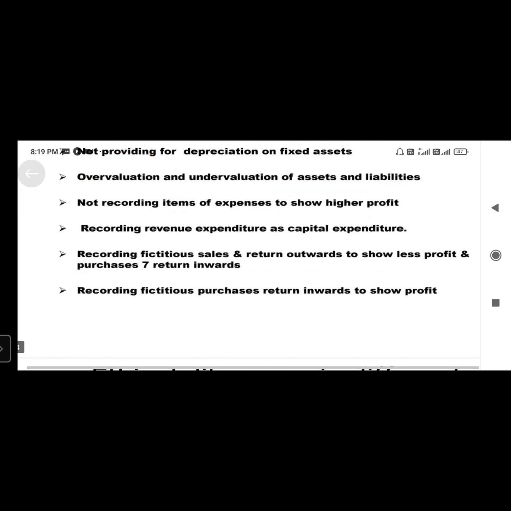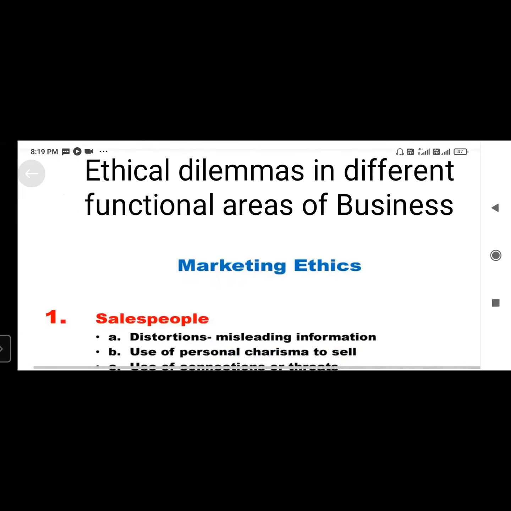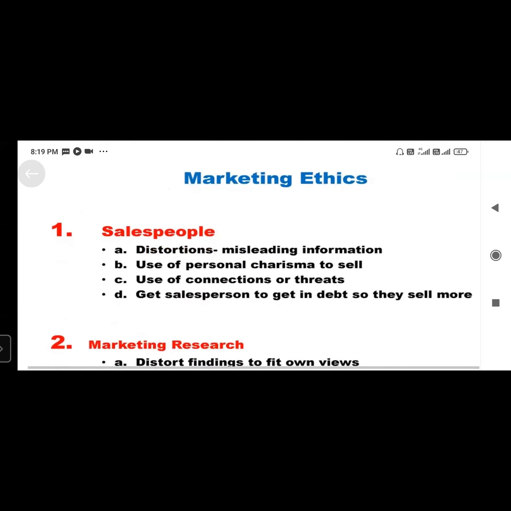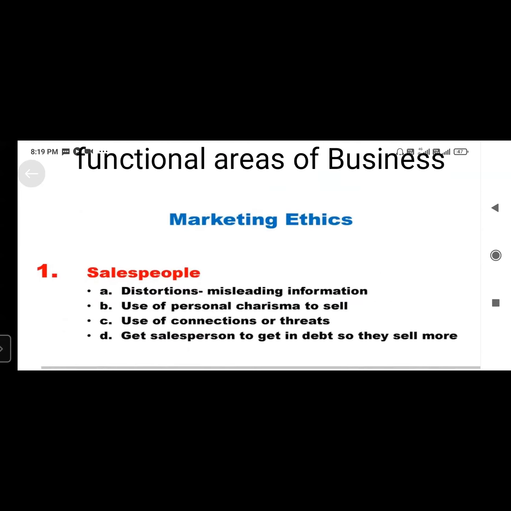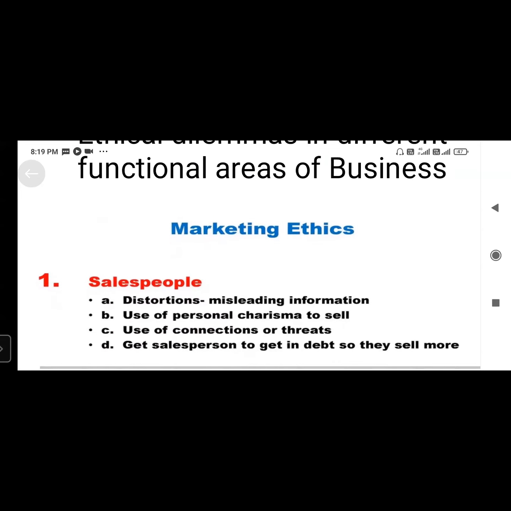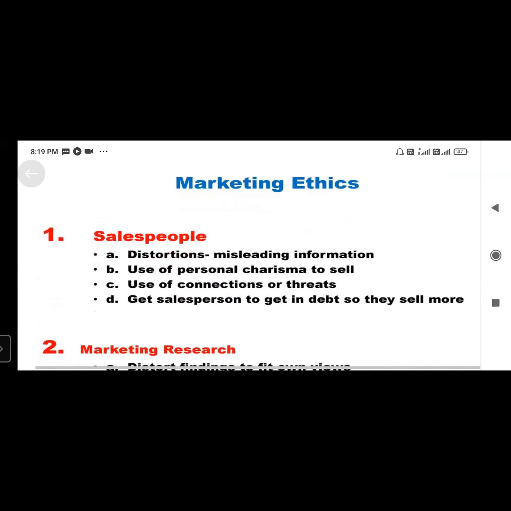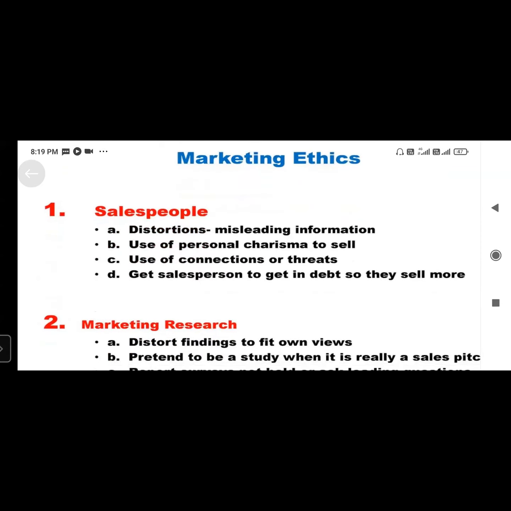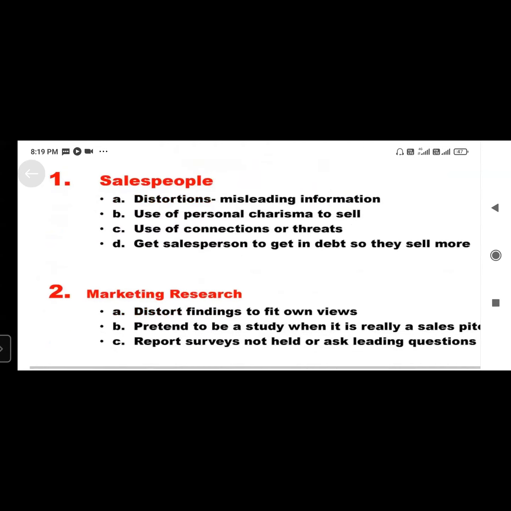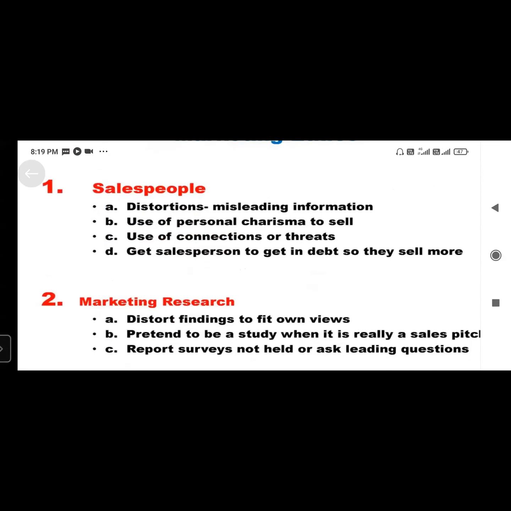Now the next one, the marketing ethics, ethical dilemmas we are talking about. Now in the field of marketing ethics, salesman and marketing research, under these two heads we will be discussing. First one is salesman.